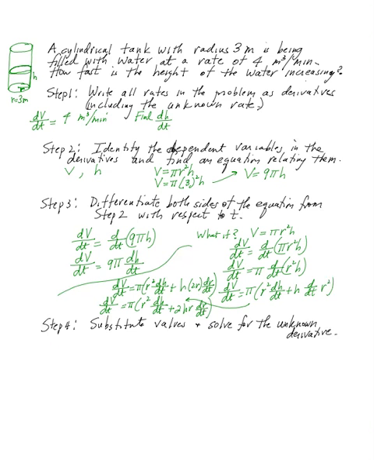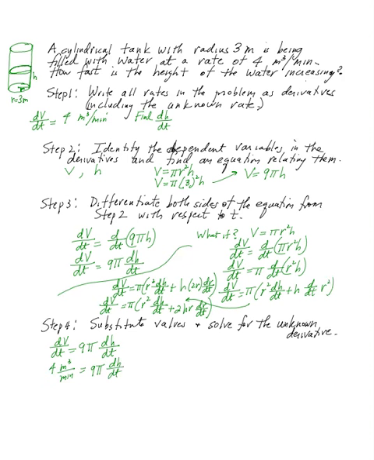Okay, step 4, substitute values and solve for the unknown derivative. So for my dV/dt equals 9 pi dh/dt, my dV/dt is 4 meters cubed per minute. And I want to know dh/dt.